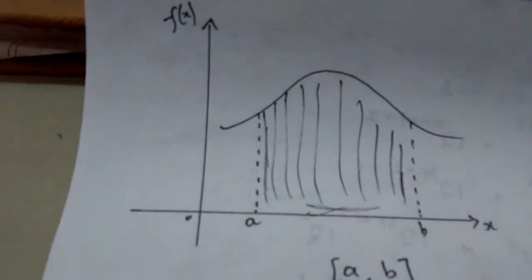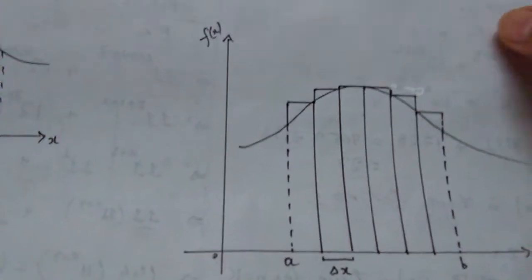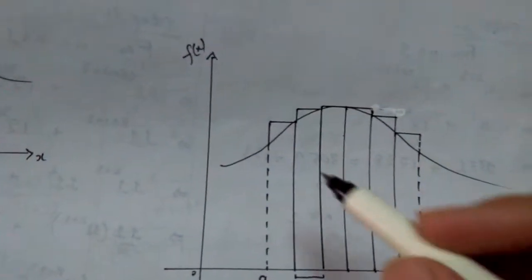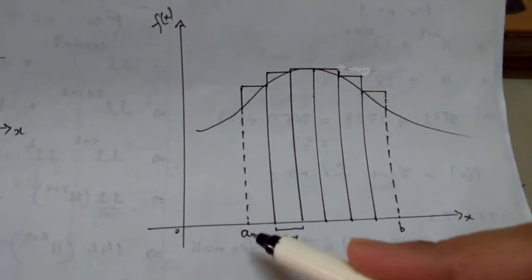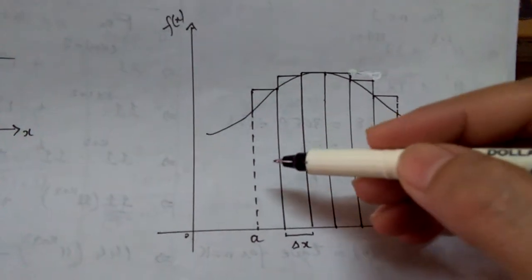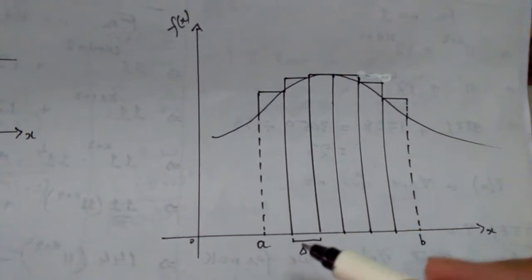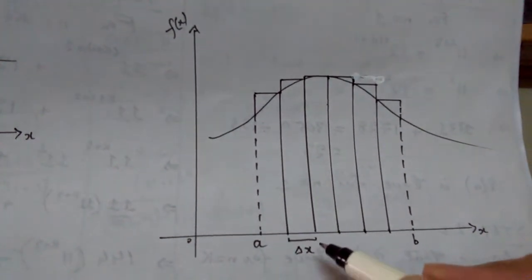If the width is sufficiently large, then we have a case like this, you can see. Each rectangle has the same width, and I name this width del x.